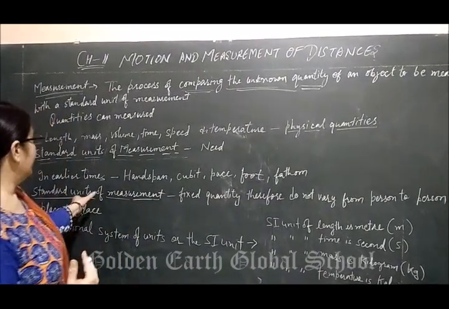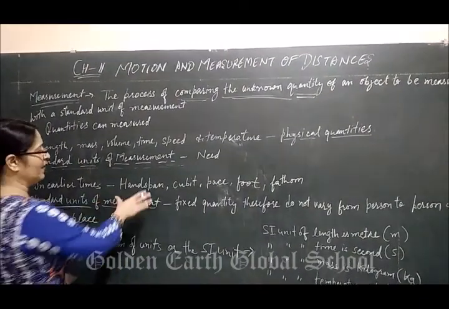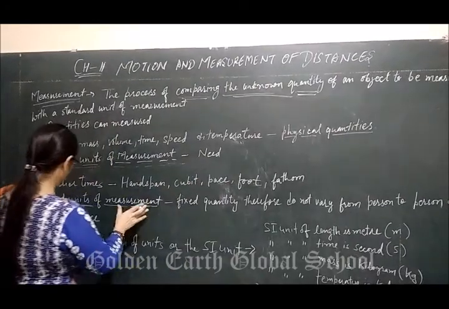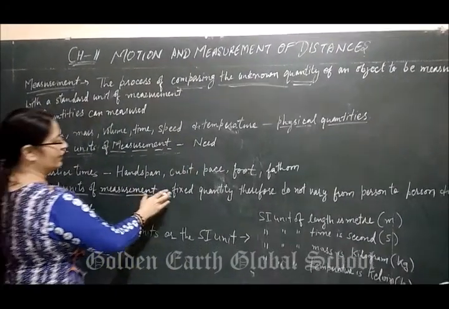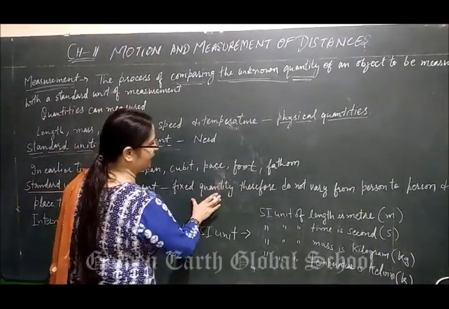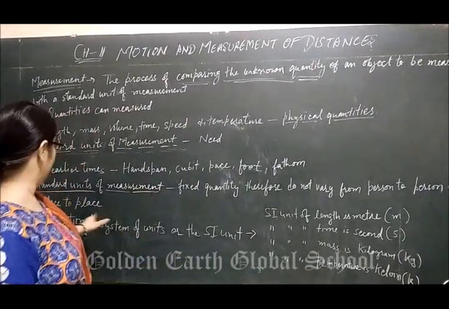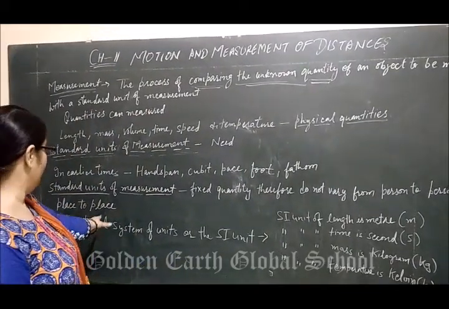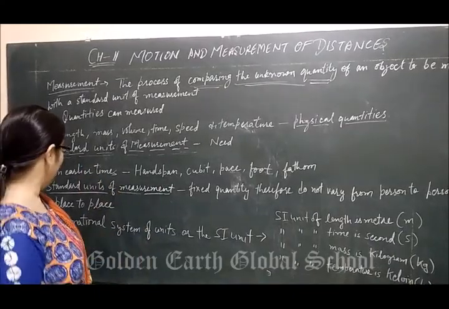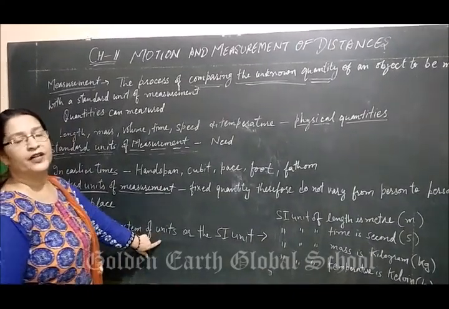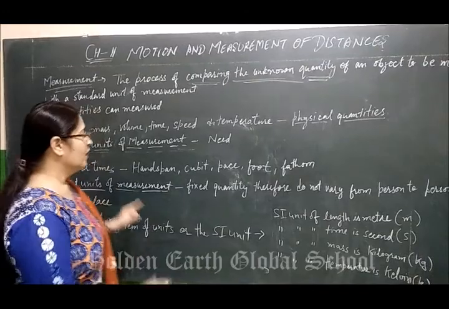In earlier times it would vary from person to person and would not be equal in every person. But in a standard unit of measurement, these are fixed quantities, therefore they do not vary from person to person and from place to place. So this is called the International System of Units or SI unit.